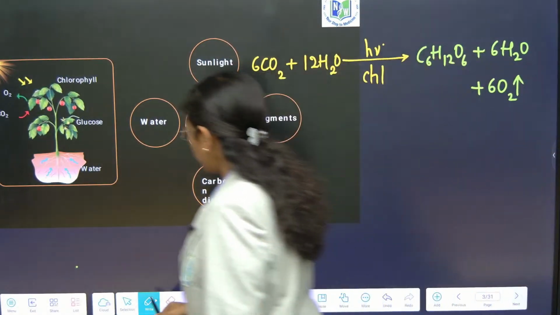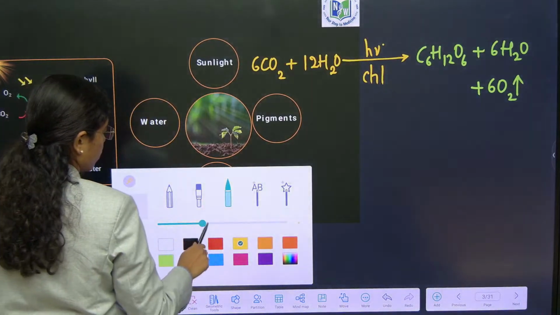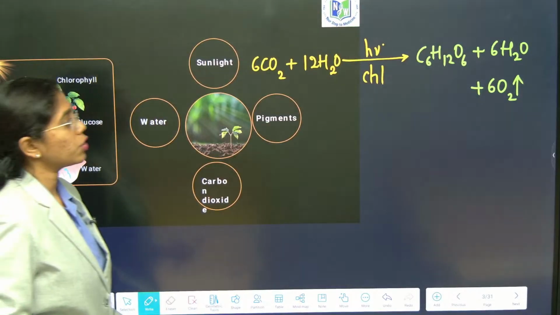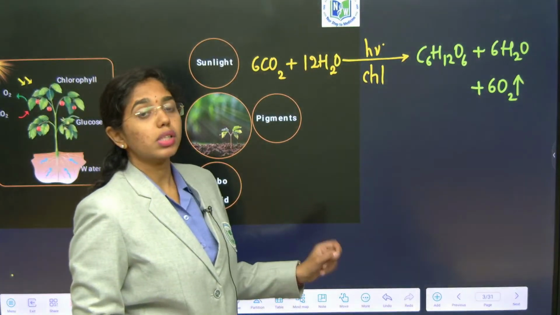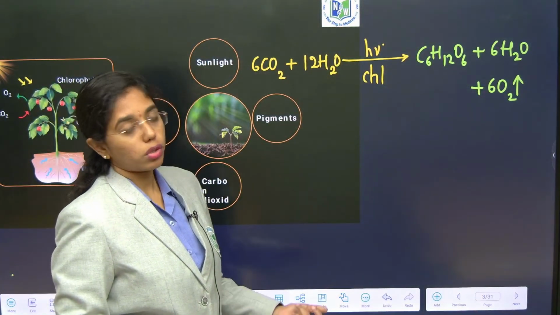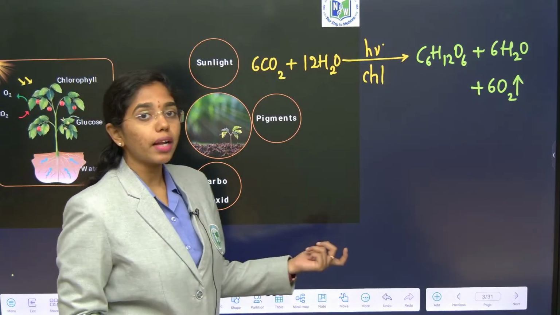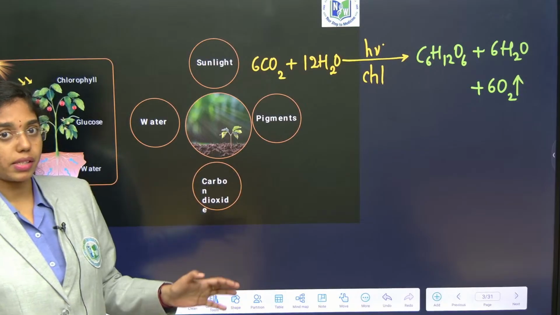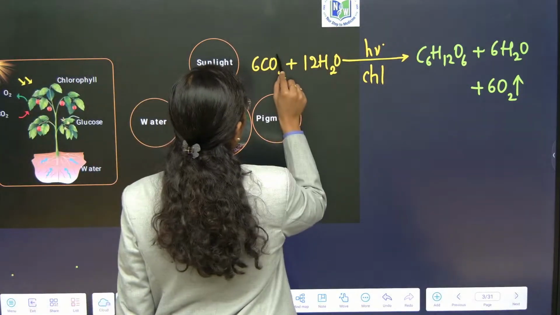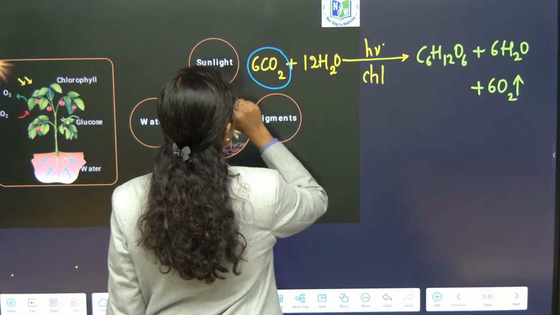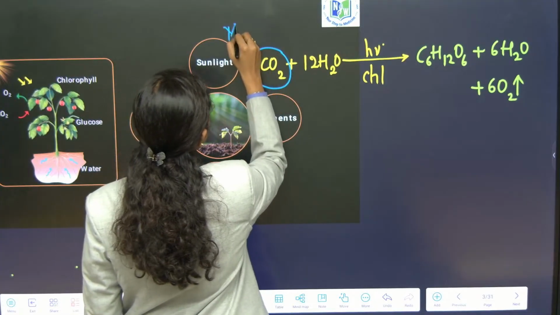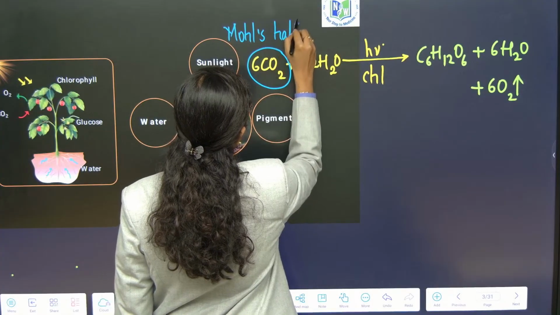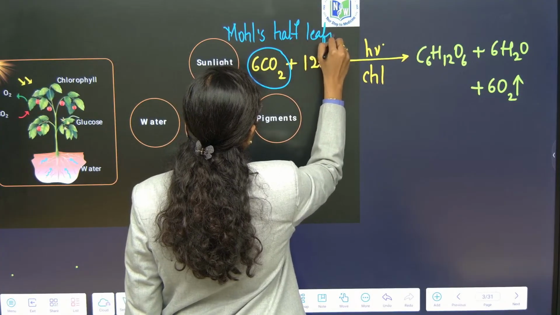Here we go with the raw materials if you observe. First, 6CO2 and 12H2O. Who said that carbon dioxide is essential for photosynthesis? Here itself you take down the discoveries and I will tell you the experiments in detail in the coming slides. So, carbon dioxide is essential for photosynthesis is said by Moll's half-leaf experiment.